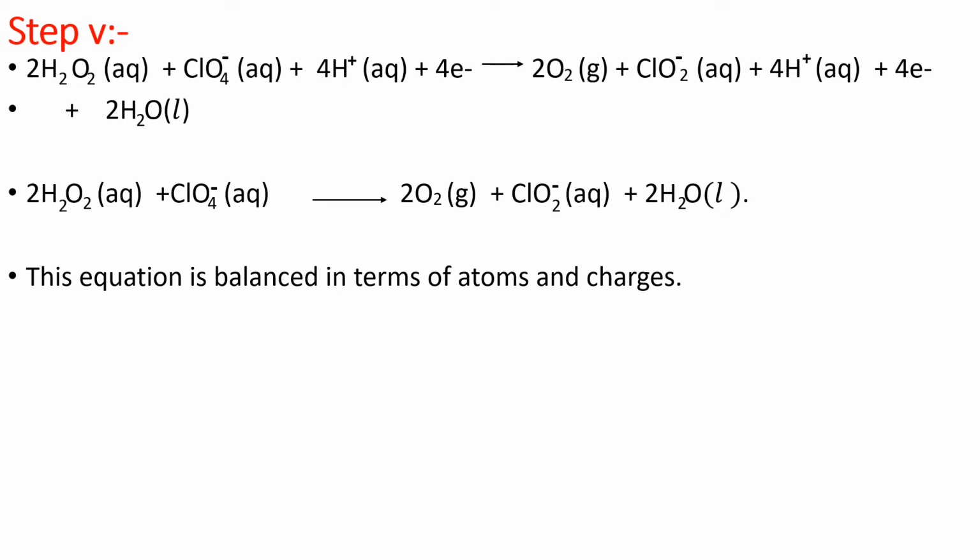Twice H2O2 plus ClO4- plus 4 H+ plus 4 electrons gives twice O2 plus ClO2- plus 4 H+ plus 4 electrons plus twice H2O. Here the same things cancel: 4 H+ cancel and 4 electrons cancel. The remaining parts you simply write down: twice H2O2 plus ClO4- gives twice O2 plus ClO2- plus twice H2O.